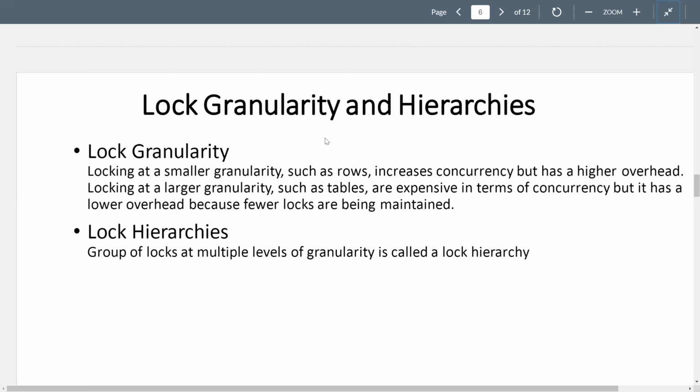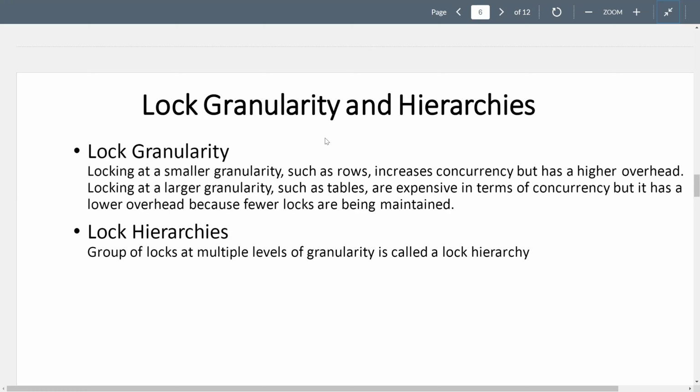If we just lock up the data we have to lock up because the data is being changed, we have small granularity, so to speak. Then we can allow other data to be used by other transactions, other users, right?